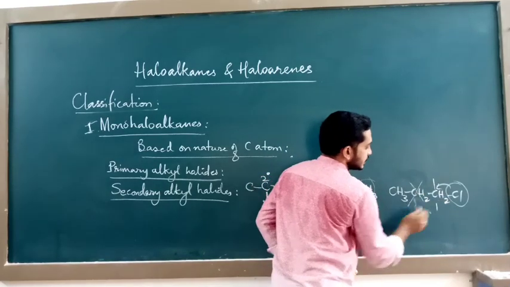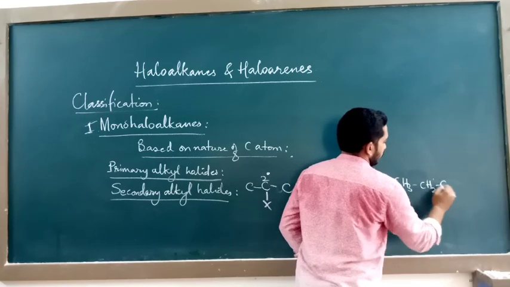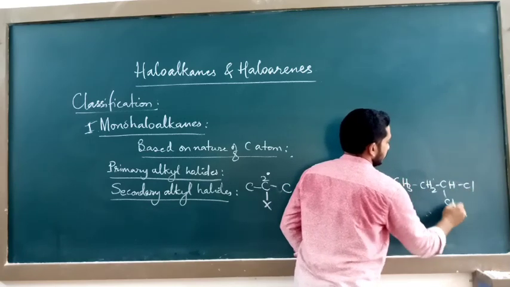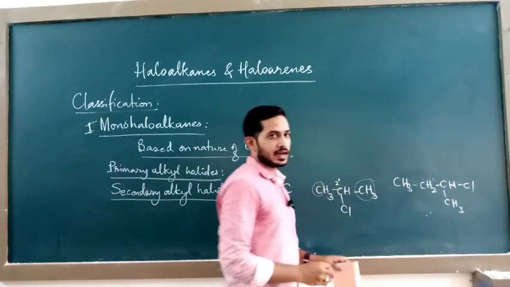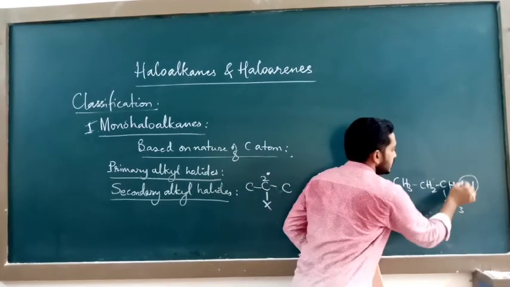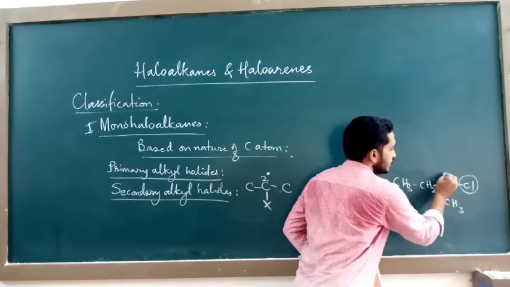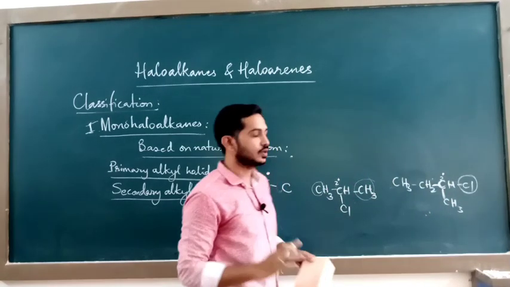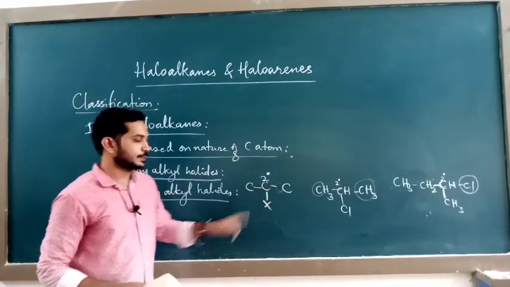If this were the case, is this a secondary carbon? See, halogen is attached to a carbon and this carbon is immediately bonded to two carbons. Therefore, this becomes a secondary carbon. Understood? A secondary carbon is the one which is attached to two carbons.